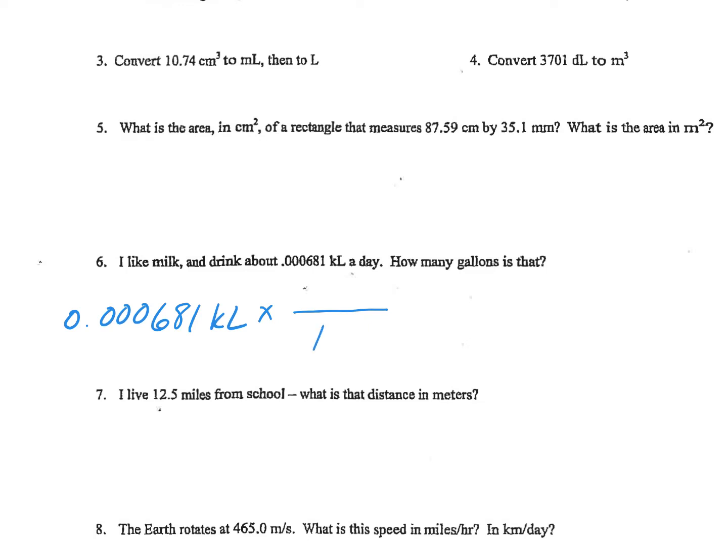So for every 1 kiloliter, I know that there are 1,000 liters, right? I set up that conversion factor. I set it up so that kiloliters cancels out. Kiloliters cancel out. What I've just done here is I've calculated liters, even though we haven't done the numbers. We've just worked through the units. The units, guys, are more important than the numbers.